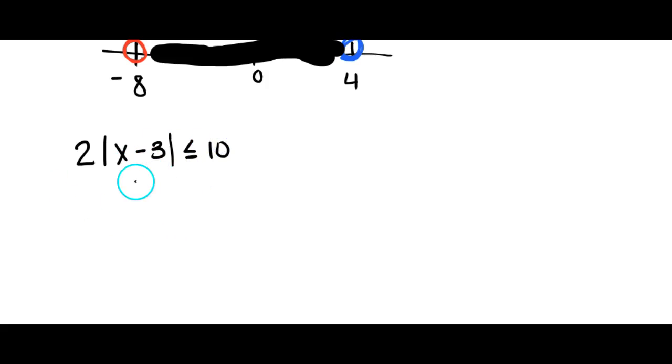Okay, so the first thing you have to do, because we have to get that absolute value part alone before we can do anything else, I'm going to divide by 2 on both sides, because then these cancel, and then we're left with the absolute value of x minus 3 less than or equal to 5.